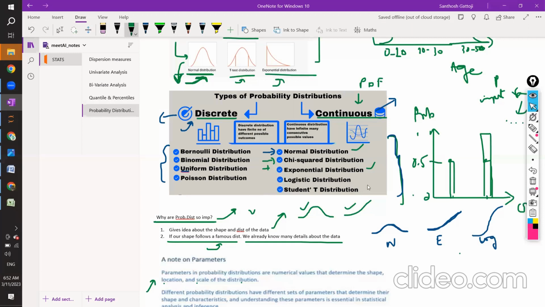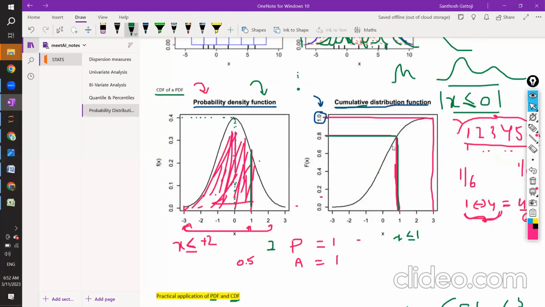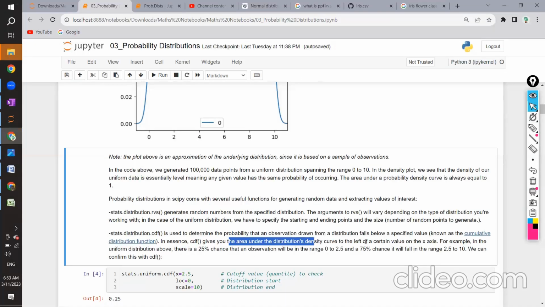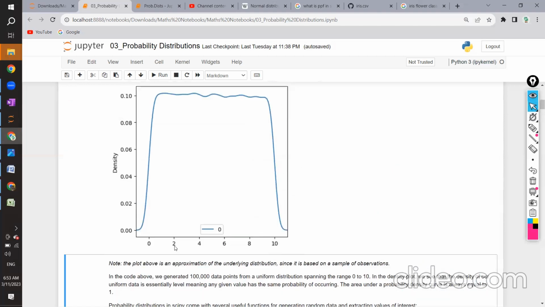In the CDF, how are you getting 0.8? Consider if it is 1. It will consider all the area till this point. The same thing is happening over here. It will consider the area to the left of a certain value on the x-axis. So in the above example, there is a 25% chance that an observation will be in the range of 0 to 2.5.